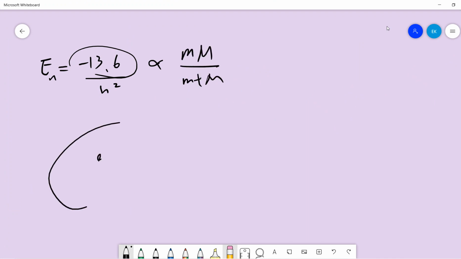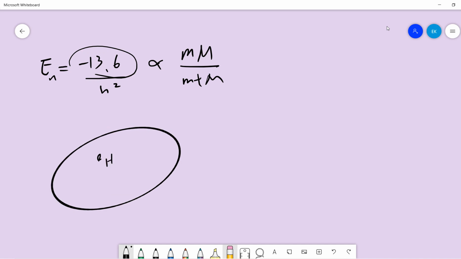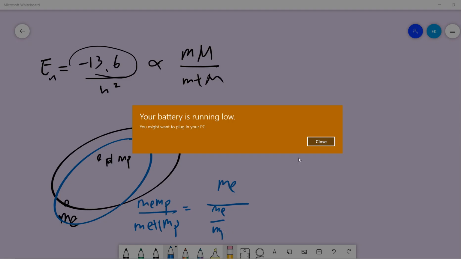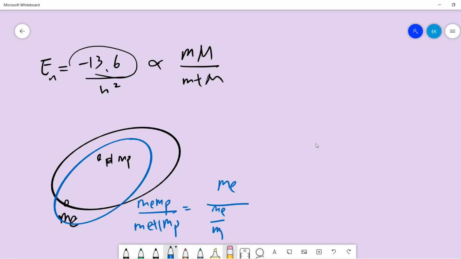So for hydrogen you have a proton and the electron, so the effective mass is m_e m_p divided by m_e plus m_p. But actually m_p is large, so it's close to m_e.